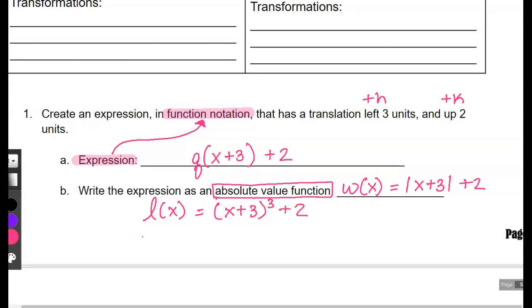I'm going to write m of x as a cube root. So I'll have the cube root of x plus 3. And then after the cube root, a plus 2. What I'm trying to get at is all the expression told us was the movement. It can be applied to any function. These are examples. L of x and m of x are examples.